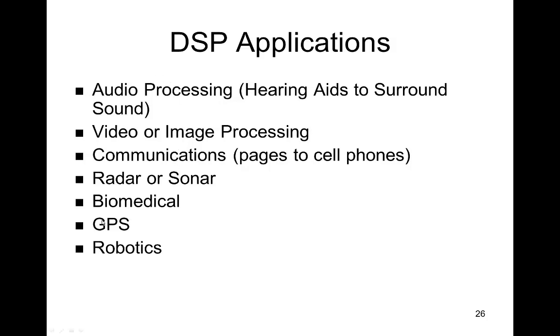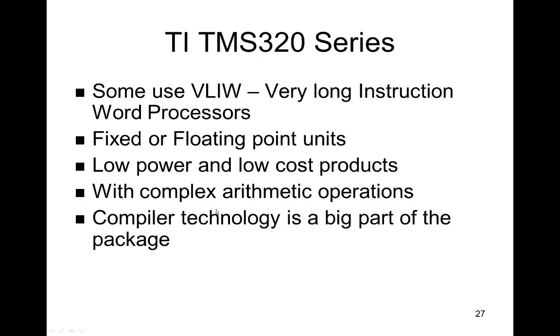But it's really tuned to do all these digital signal processing things like audio or video, communication, sonar, biomedical imaging, robotics. Texas Instruments is the largest manufacturer of digital signal processors, and their processors use very long instruction word processors. What that means is that each instruction is actually very long.